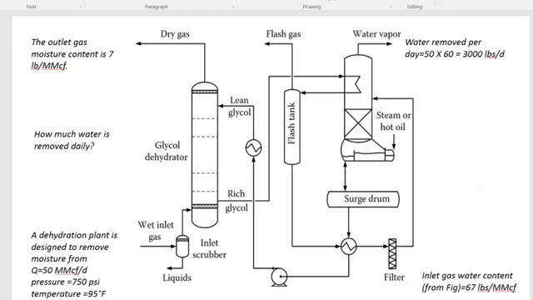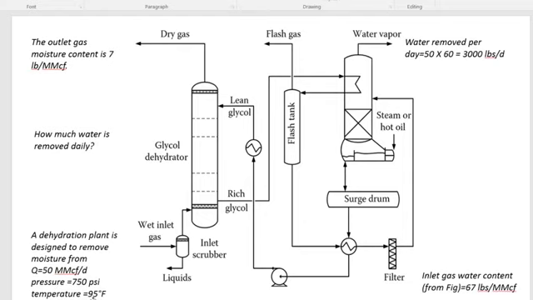let's see the exercise for this subject. A dehydration plant is designed to remove water from 50 million cubic feet per day. Pressure is 750 psi.